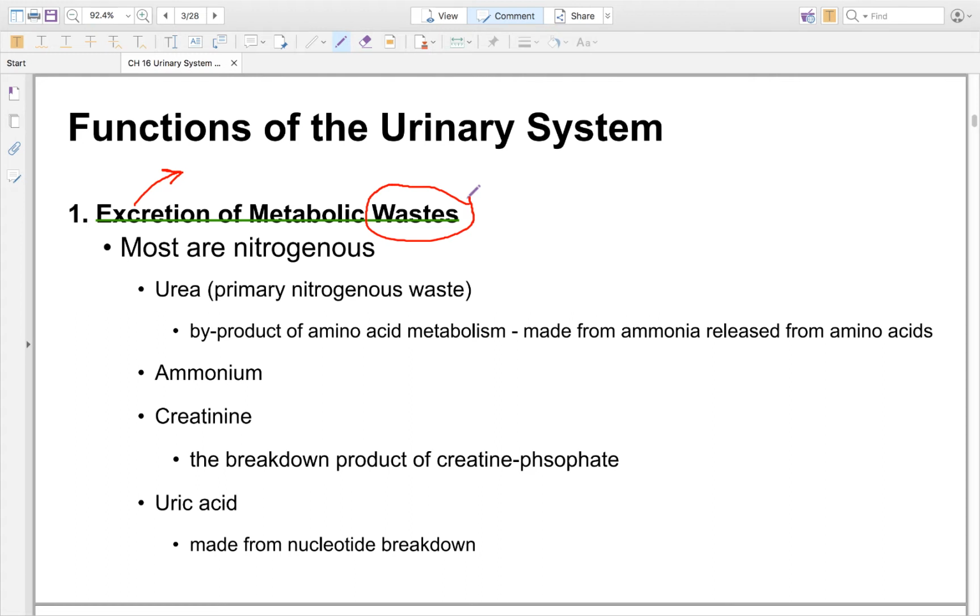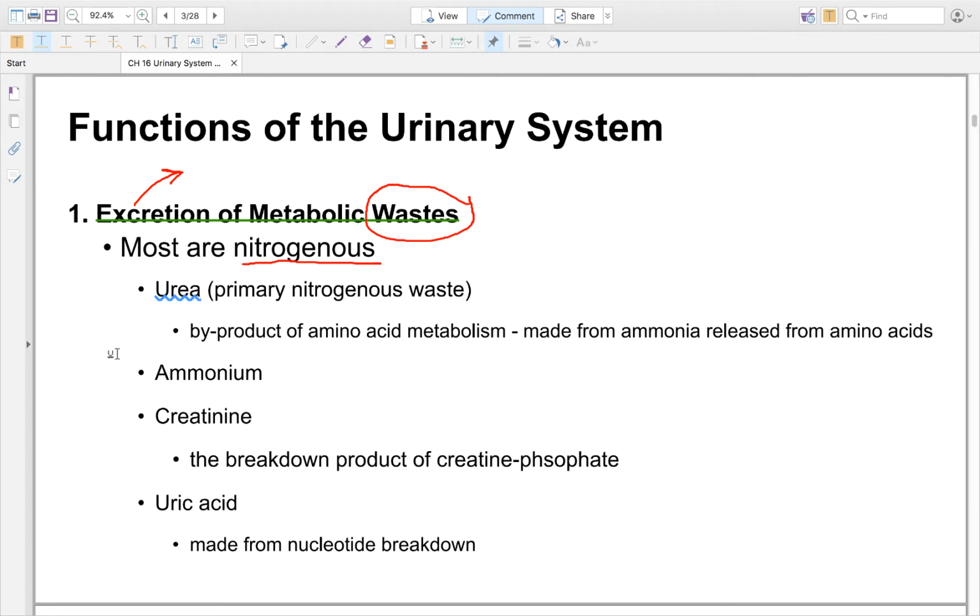All right, so a couple of metabolic wastes, a lot of them are called nitrogenous wastes. Okay, so I'm going to list a few that we need to know for this class. Okay, urea. Urea is a pretty common waste product. It's the byproduct of amino acid metabolism.